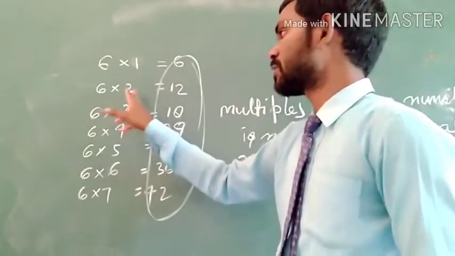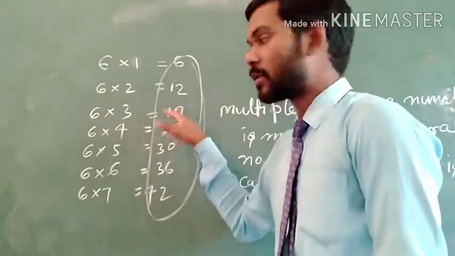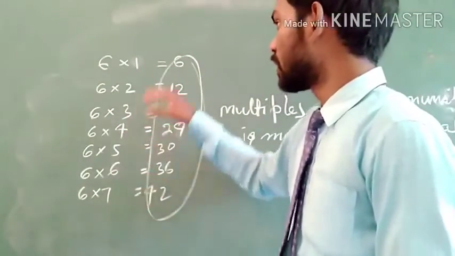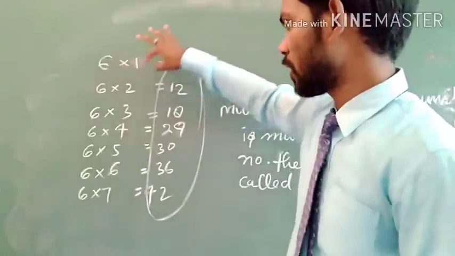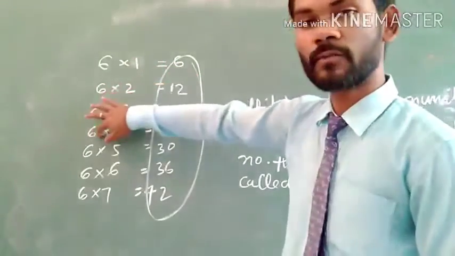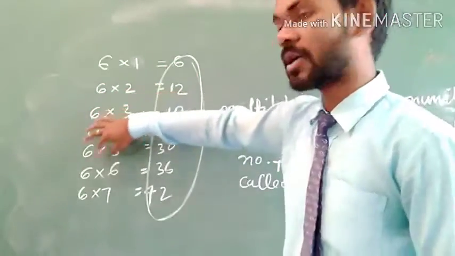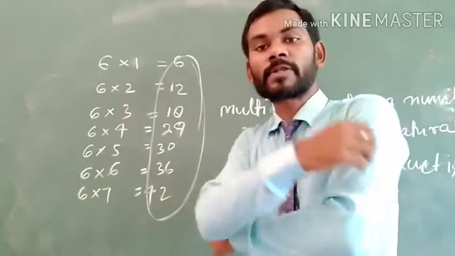Similarly, when a number is multiplied by 2, the multiple is called the second multiple. So 6 is the first multiple of 6, 12 is the second multiple of 6, 18 is the third multiple of 6, 24 is the fourth multiple of 6, 30 is the fifth multiple of 6, and similarly we can proceed.